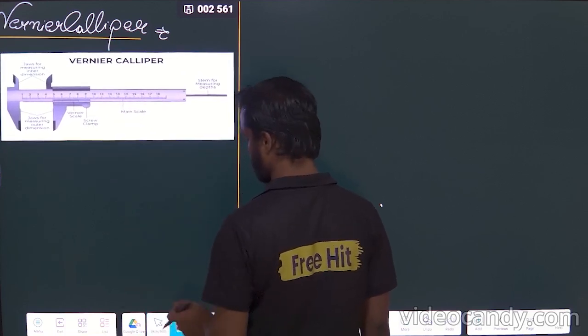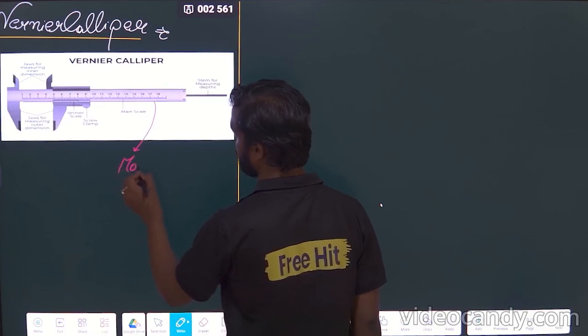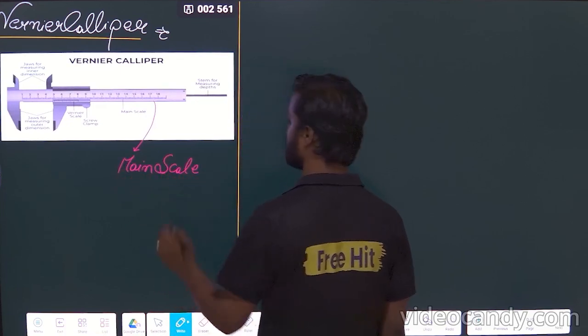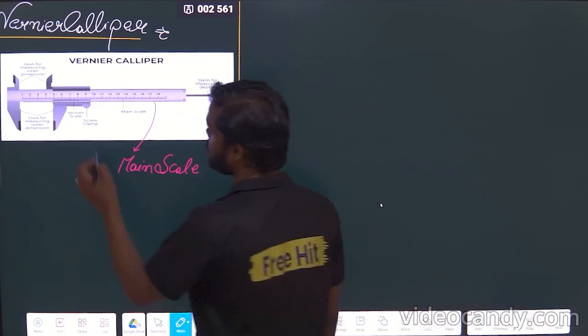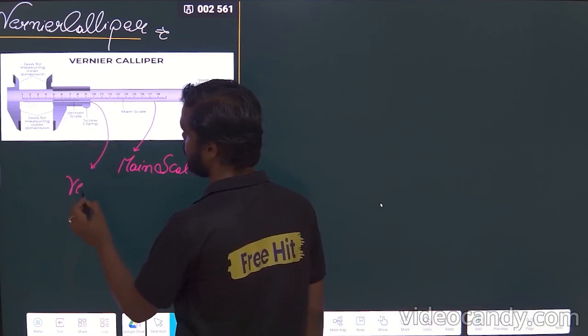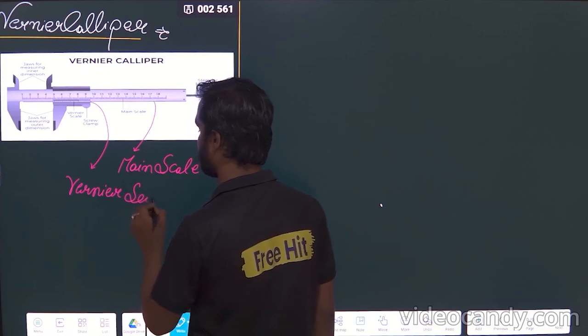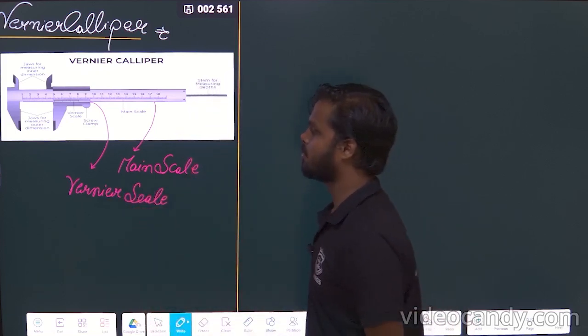Okay, this is my main scale where the markings are. You can see here there is one small scale. This small scale is called the vernier scale.